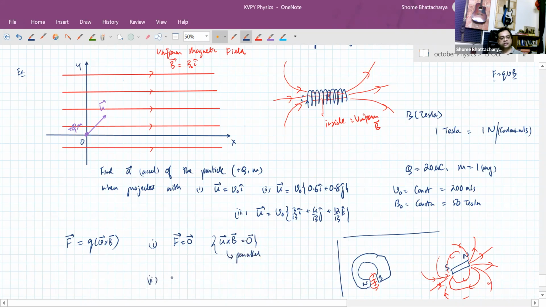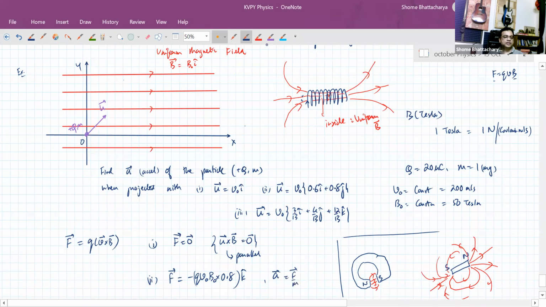But in the second case, the force will have a value like this. The acceleration will be this force divided by the mass.